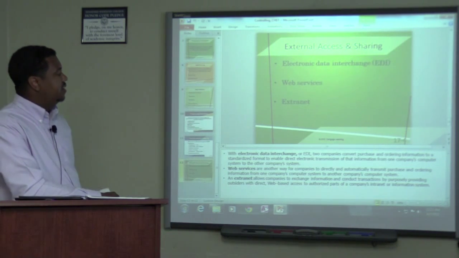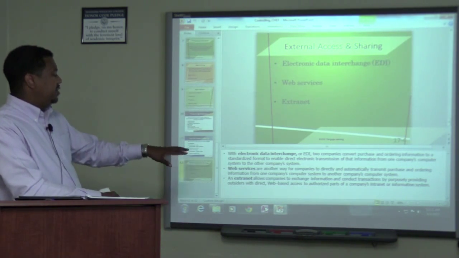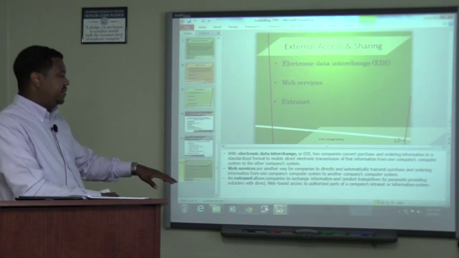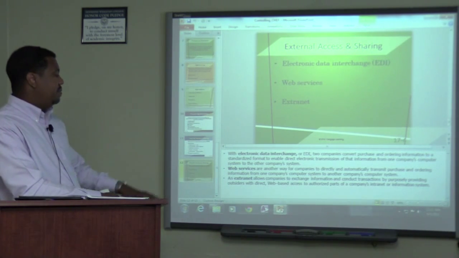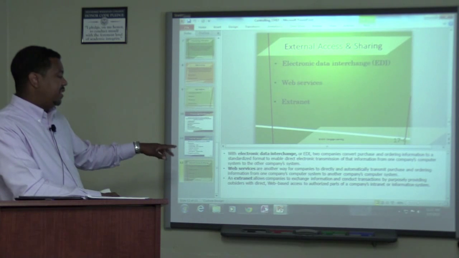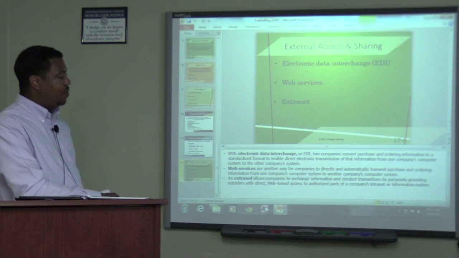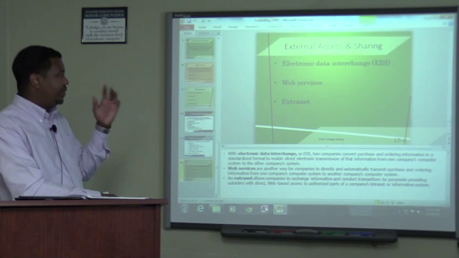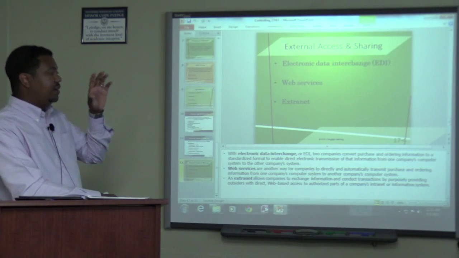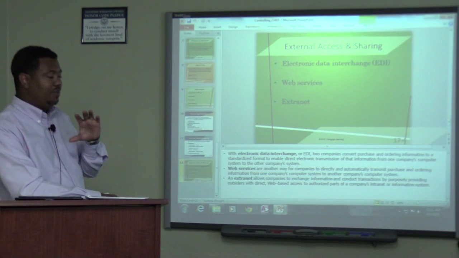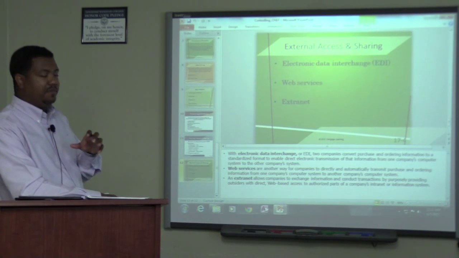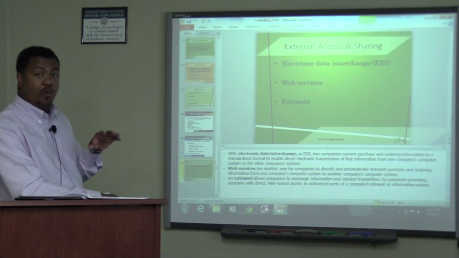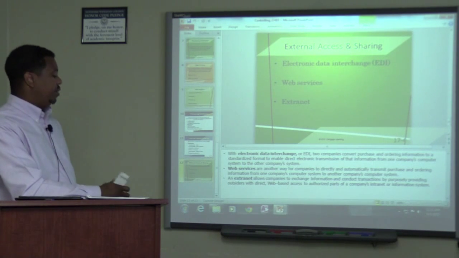And then of course, there is the extranet, where companies exchange information or conduct transactions by providing outsiders with direct or web-based authority to use customer information. You see that happen a lot, especially in the retail industry, where companies give suppliers the opportunity to get into the company's information source to figure out what additional supplies they require.